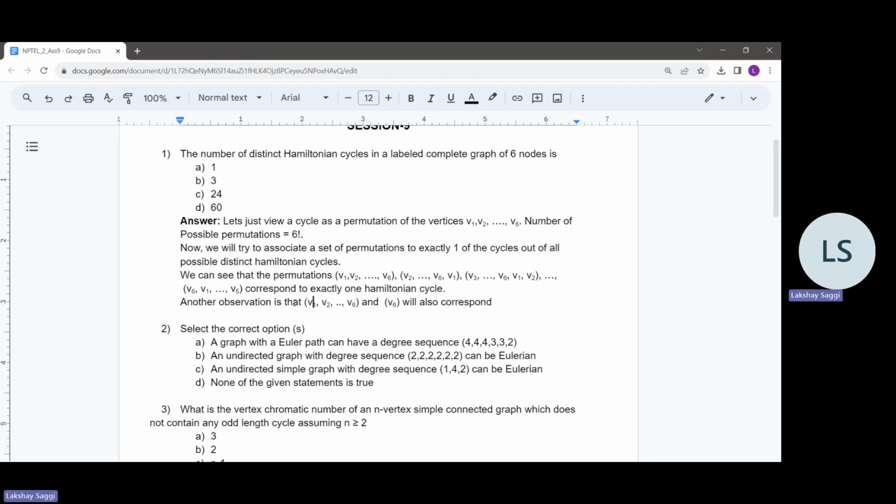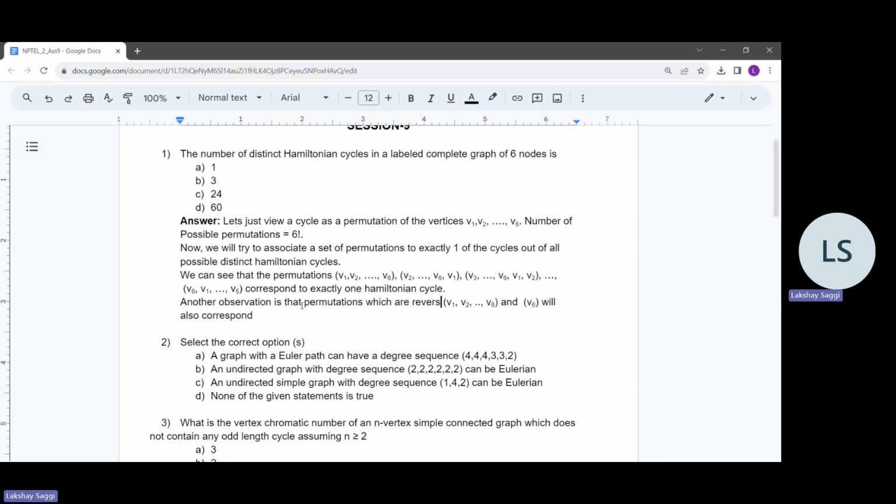I'll just write it first: permutations which are reverse of each other will correspond to the same cycle.